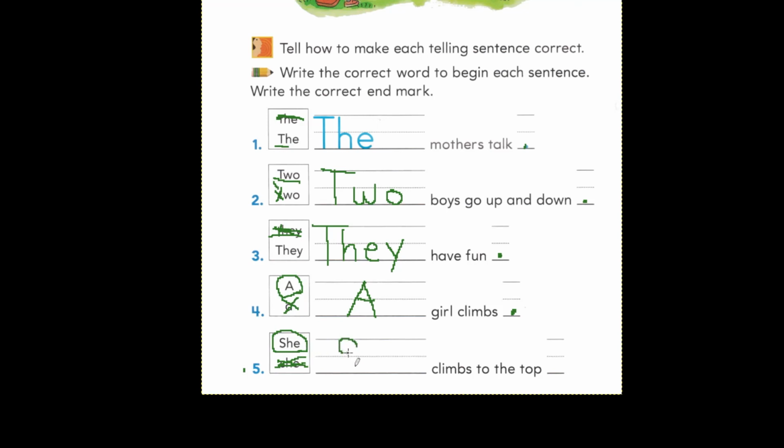So S H E, she. She climbs to the top. And we need the second part that makes this a telling sentence, and it's a period. That's right. Very good. Now, we have finished all that.